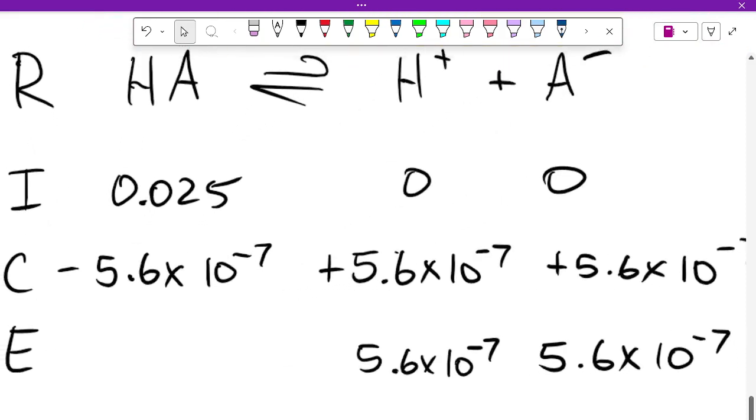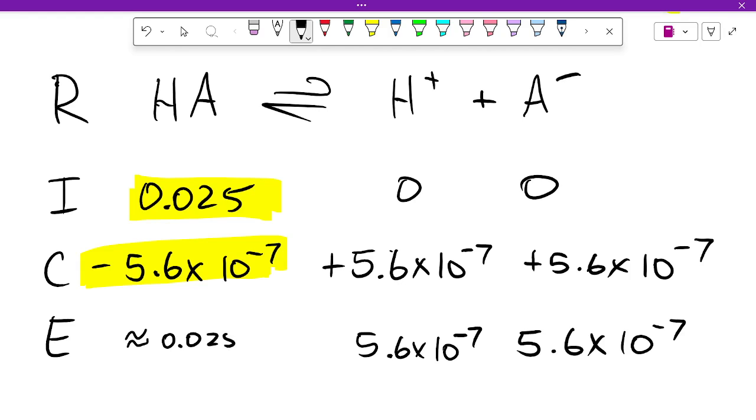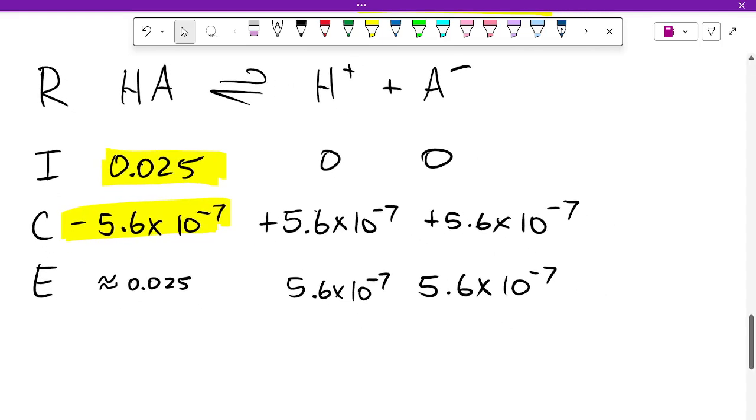If you look at this number here and you compare it with this number here, is it insignificant? Yes, so you can just say at this point that this is 0.025. You can just say close enough, because to many sig figs, that's what it is.